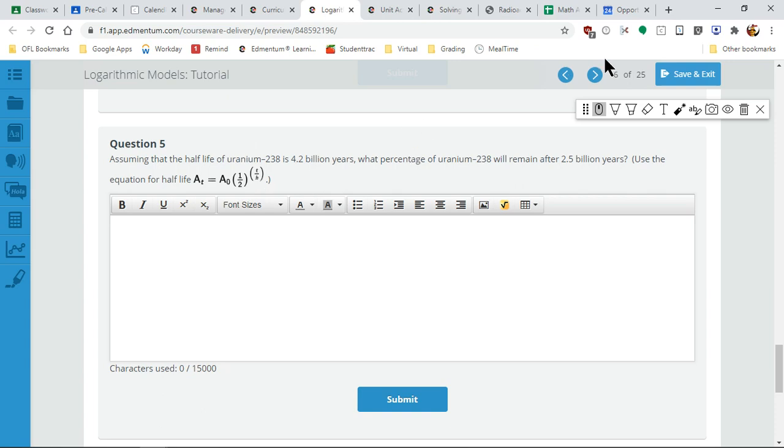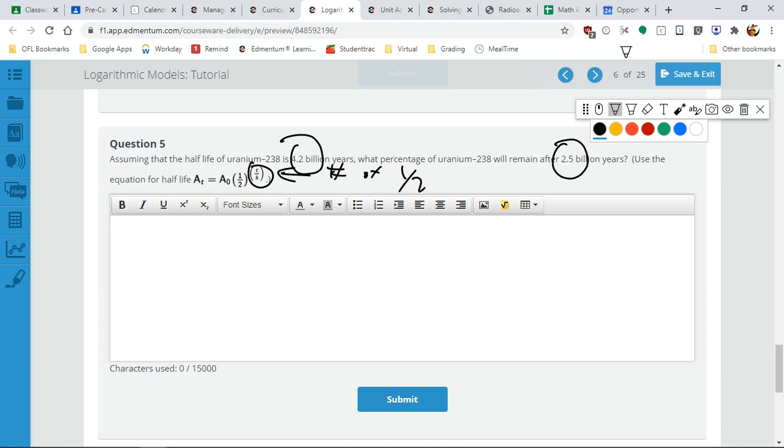So in other words, the exponent right here is the number of half-lives. If you have something unprecise like this, there's going to be a fraction of half-lives in there. Since the exponential growth is 1/2, it's telling us how many times it gets cut in half.